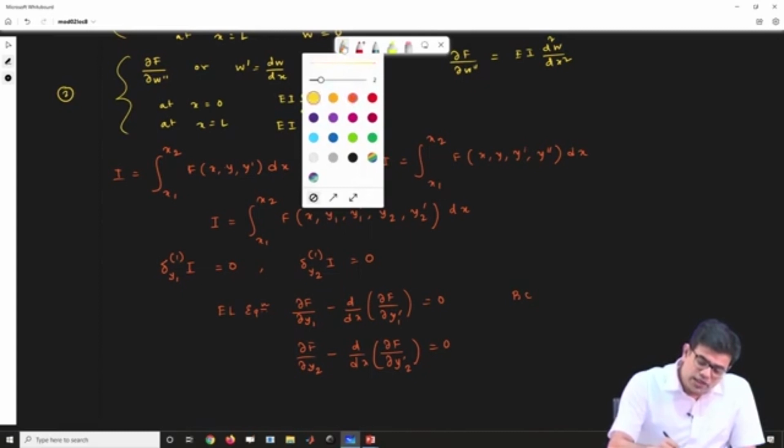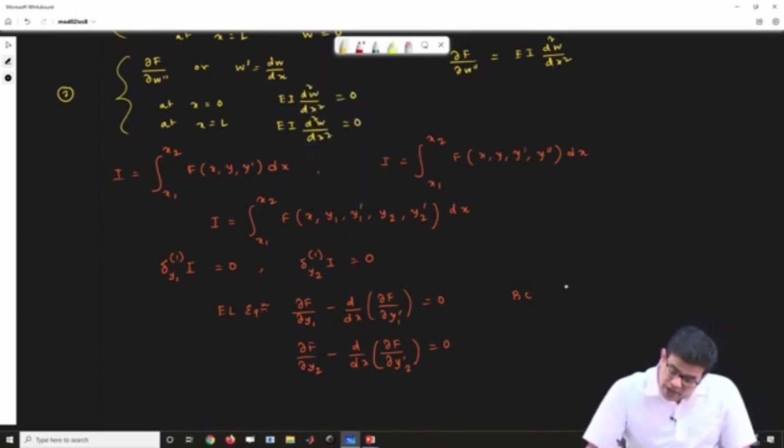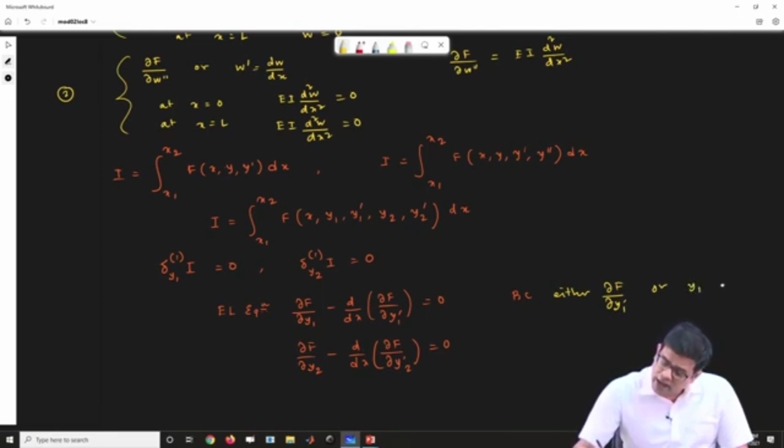So, the boundary conditions have to be in both the variables. So, either dou f by dou y1 prime is specified, or y1 is specified at x equals x1 and x2.